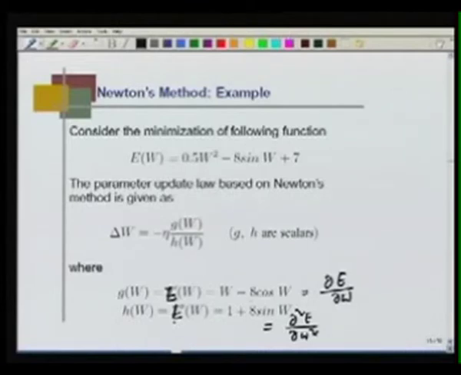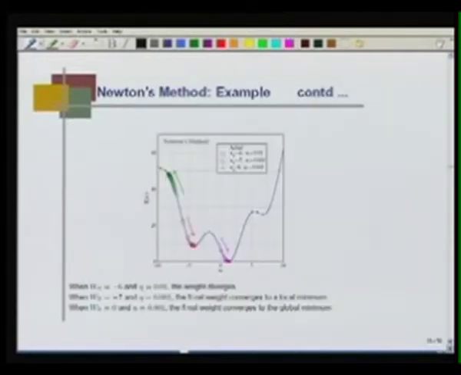And using this, if you update, you see that for some initial condition, when w naught is minus 6 and eta is 0.01, the weight diverges. That is because H is not positive definite.